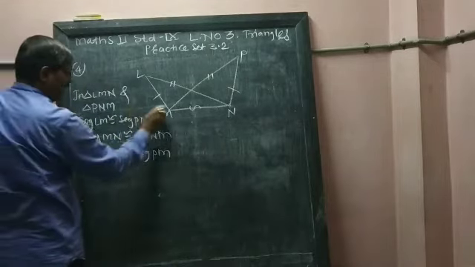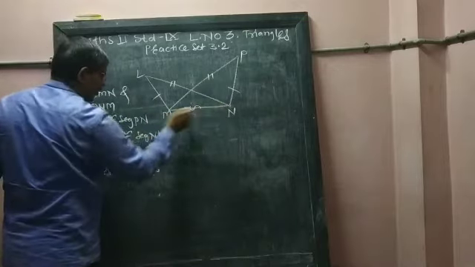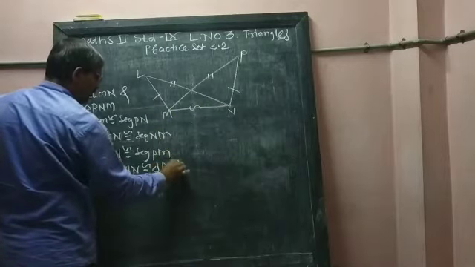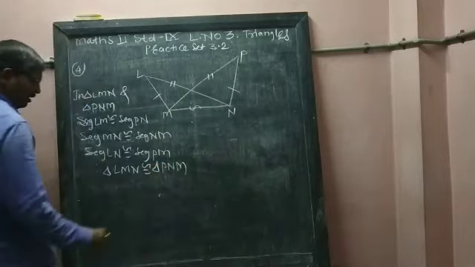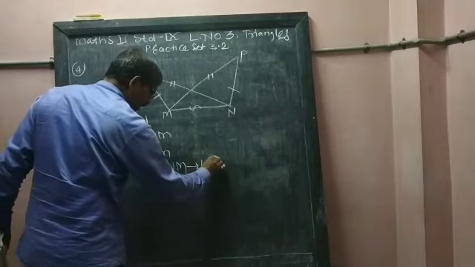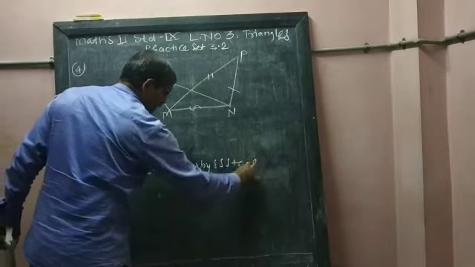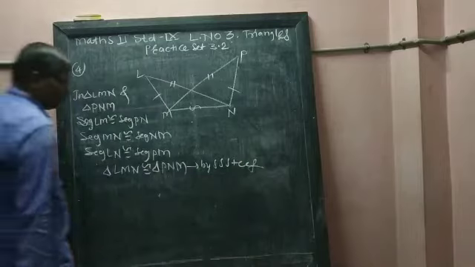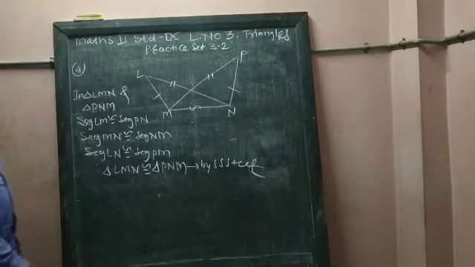Therefore, triangle LMN congruent triangle PNM. This is by the triple S test. These two triangles are congruent by the triple S test.